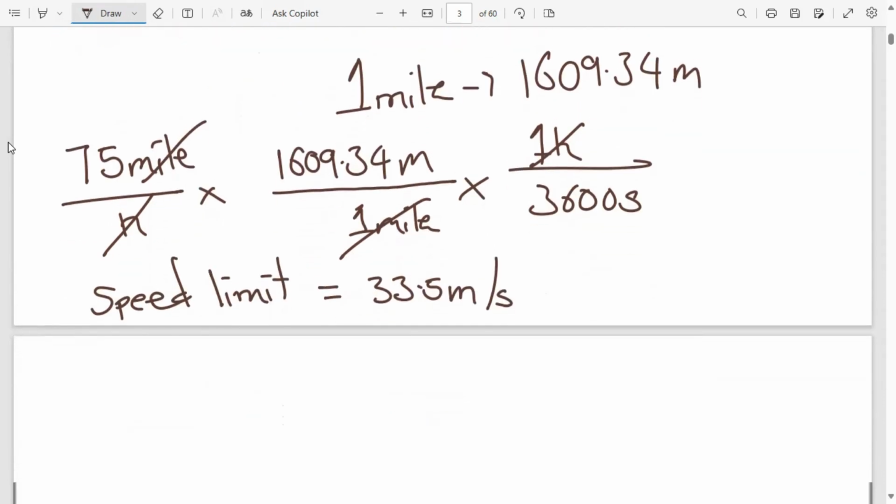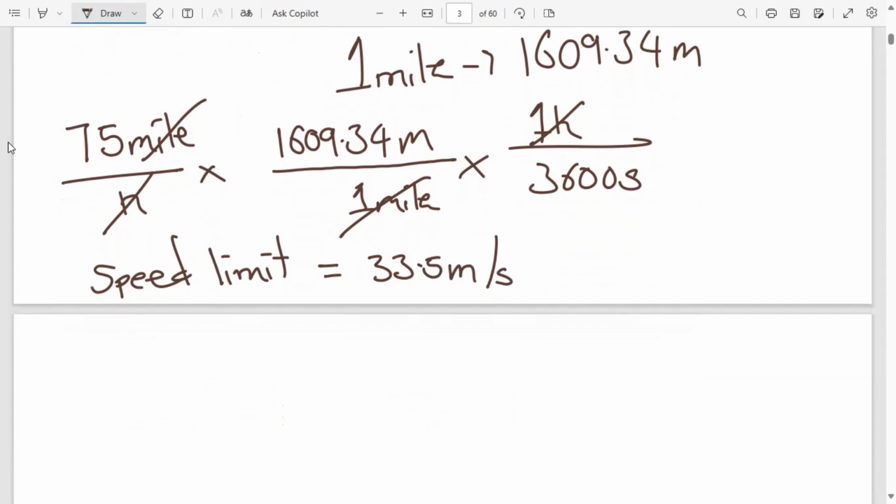So you can see that the speed limit indicated on the street is lower than the driver's speed. That means the driver has exceeded the speed limit, since the speed limit is way lower than the driver's speed.